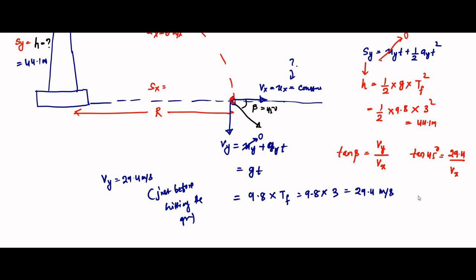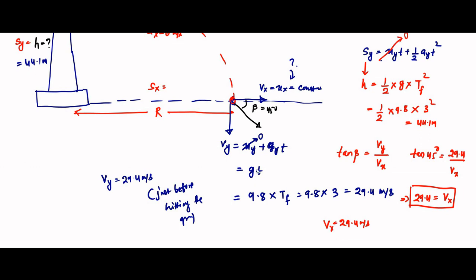That implies 29.4 is equal to Vx, because tan 45 degree is 1. So Vx, the horizontal component, is equal to 29.4 meter per second just before hitting the ground.